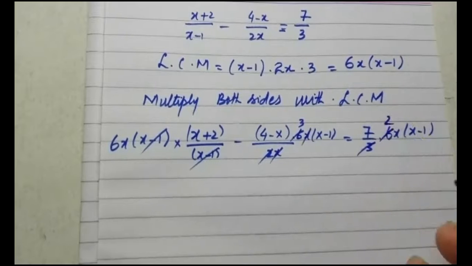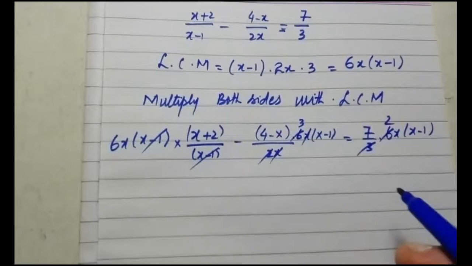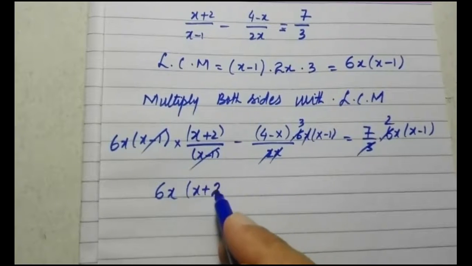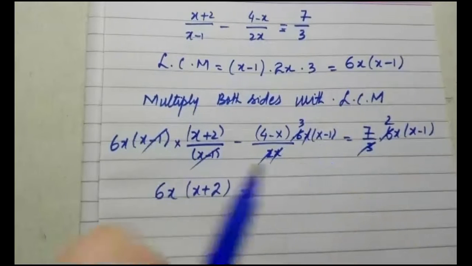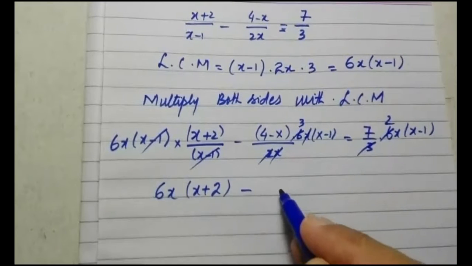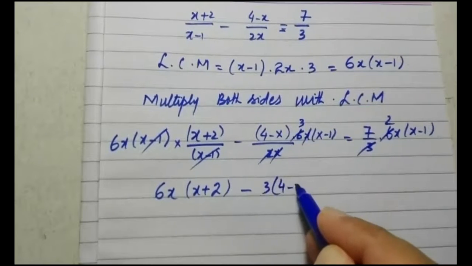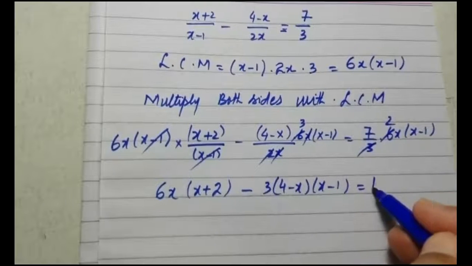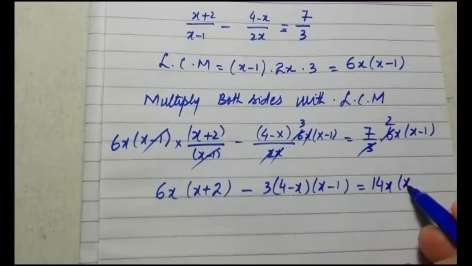This will be cancelled. So it will become 6x times x plus 2 minus 3 times 4 minus x and x minus 1, and 7 2s are 14x times x minus 1.